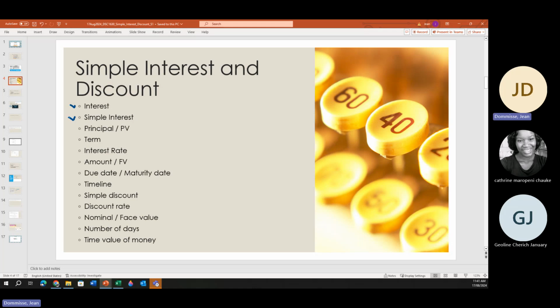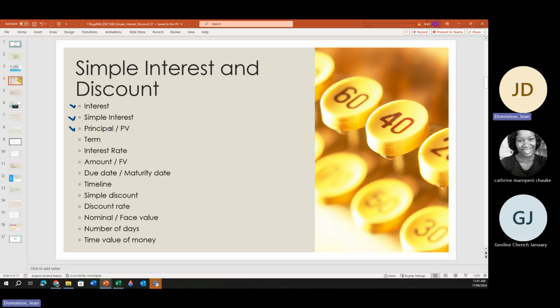So they must tell you what the interest rate is. Then we're sitting with a principal value, PV, present value. That is the amount that you will put down. So that is your principal value.